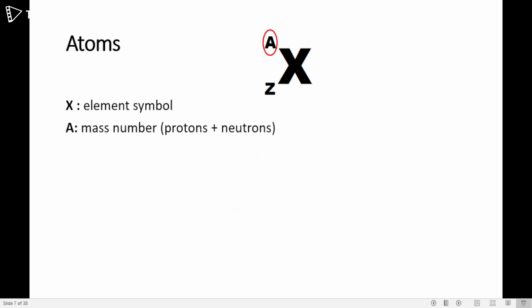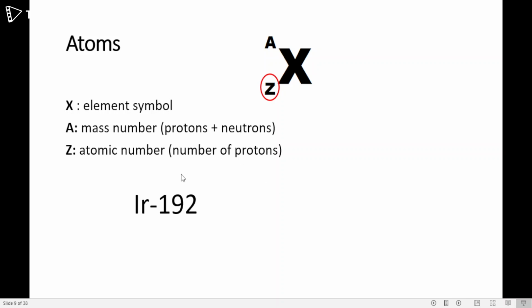A is the mass number, and like I said, the mass of the atom is confined in the nucleus, so we are talking about protons plus neutrons. Z is the atomic number, the number of protons. It is the atomic number that defines the element.